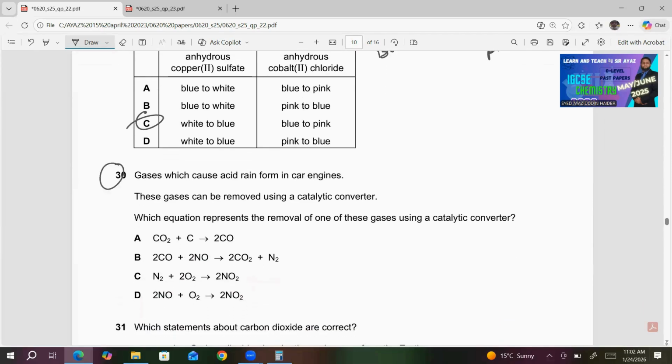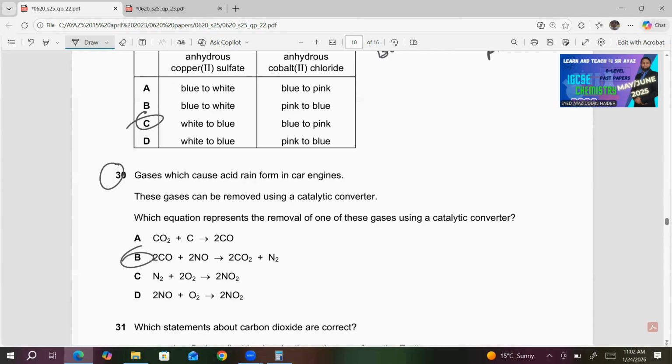30. Gases which cause acid rain form in car engines. These gases can be removed using a catalytic converter. Which equation represents the removal of one of these gases using a catalytic converter? In a catalytic converter, the main reaction is between carbon monoxide and nitrogen monoxide to give carbon dioxide and nitrogen. So B must be the right response.